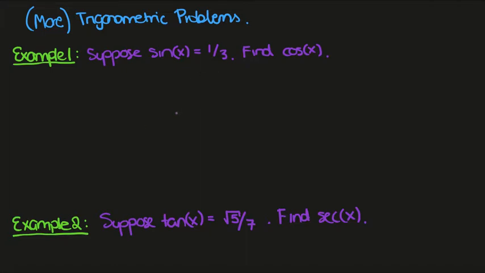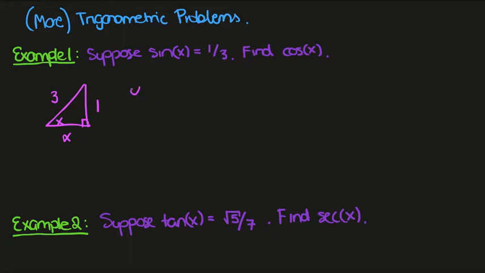There are two ways to do this, but the first way, which I think is the simpler way, is the most robust, so it'll work in more situations. If sine x is equal to 1/3, then sine is opposite over hypotenuse. So we can form this right angled triangle with this horizontal length being alpha.